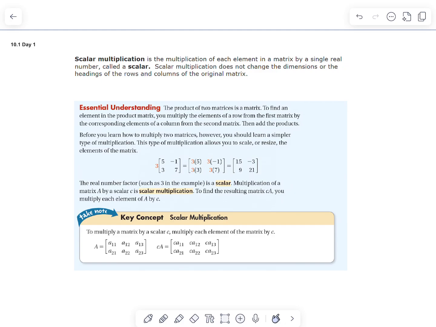So when we do scalar multiplication, we're thinking of it like the distributive property. So here's an example. We have a scalar multiplier of 3. What you do is you're essentially distributing that 3 into all of the elements inside of the matrix. You're seeing that in the second step here. And then you simplify it.